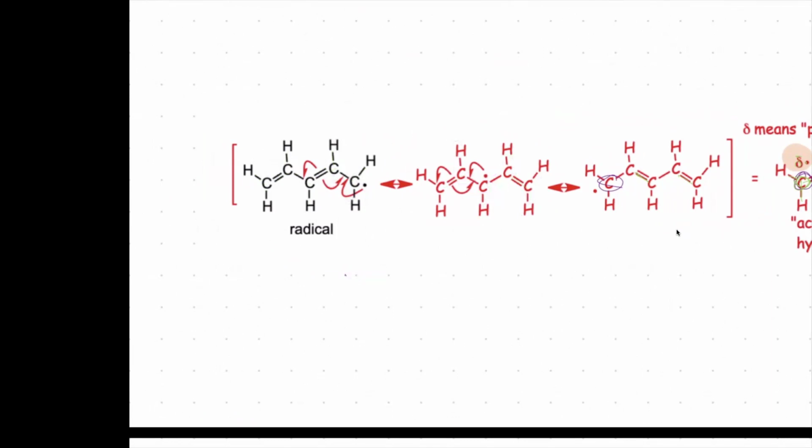But remember that a radical is one electron and bonds want two. So when we move one electron, we use that single-headed arrow, whereas if we had a pair of non-bonding electrons, or a double bond, we would use a double-headed arrow to denote that.